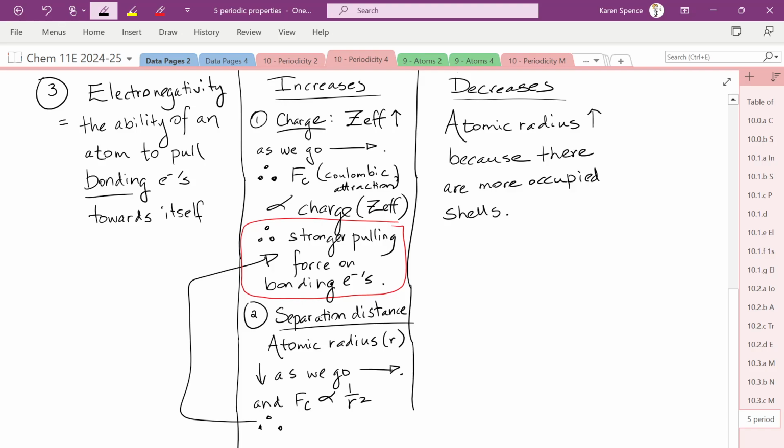That makes those bonding electrons closer to the nucleus.